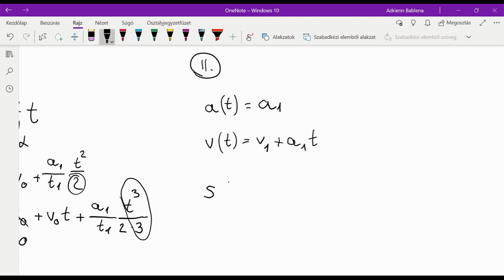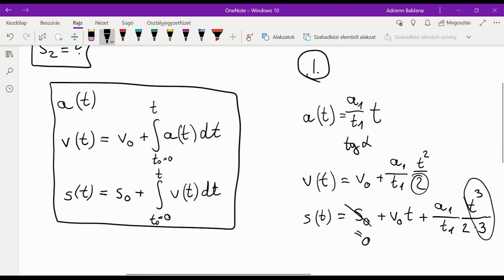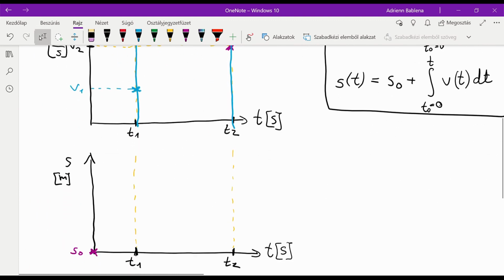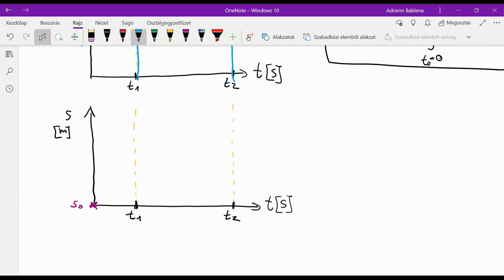And the displacement, same situation. The s value reaches something at the end of the first section, S1. So the first section's endpoint is the initial value of the second section.